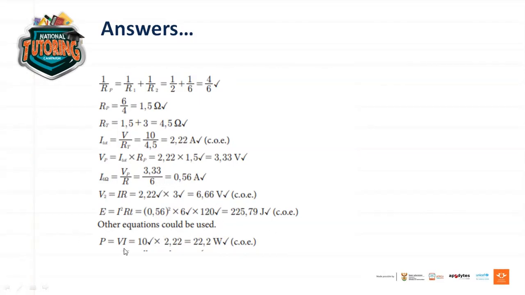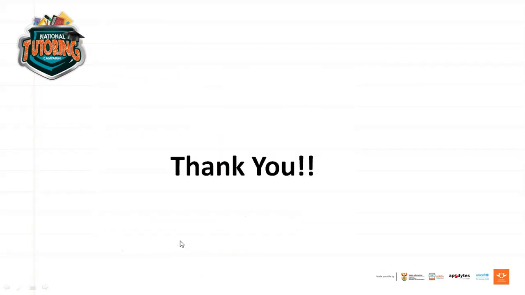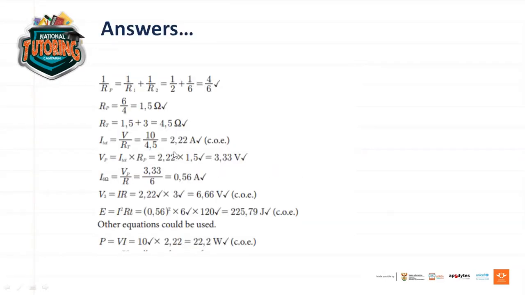Other equations could be used also, which is power, which is equal to V times I. That would be 10 times 2.22. 2.22 would be your total current, and your voltage will be the 10 volts.